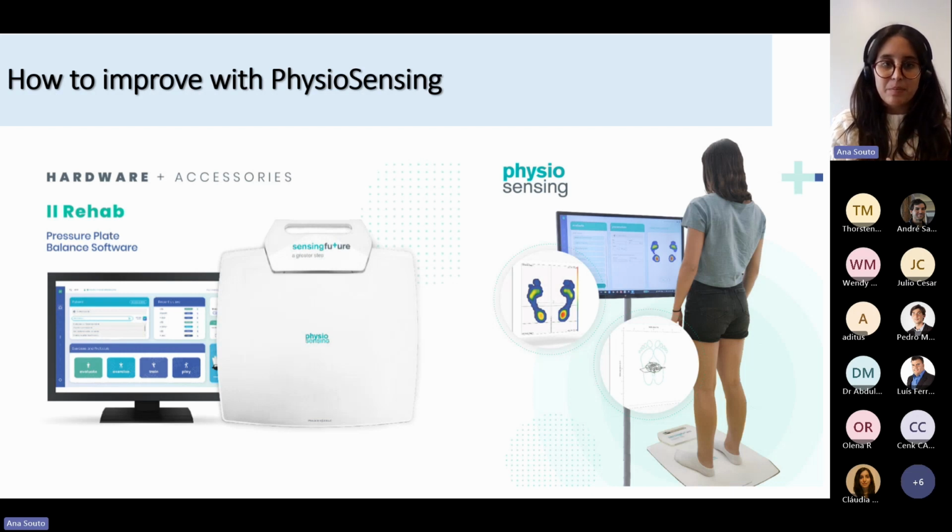That's why I chose this plate, because it's the solution that has more functionalities attached. In the neurological context, we want to assess postural control with the posturographic analysis, but it's also important to assess weight bearing distribution between feet, sorry, and within the foot, how the weight is being distributed. Okay, so let's start.